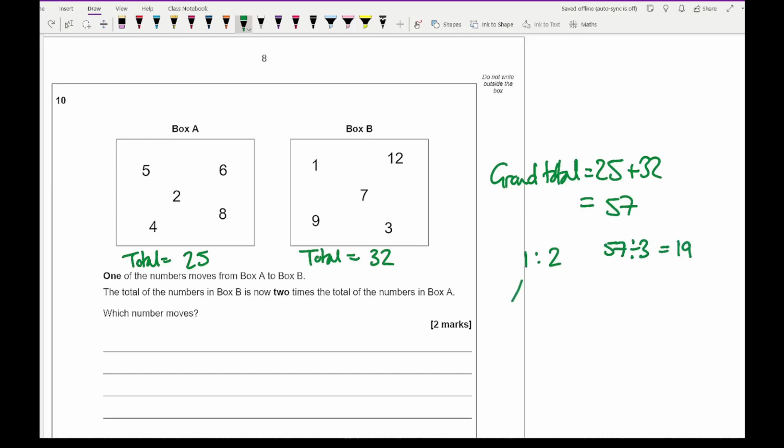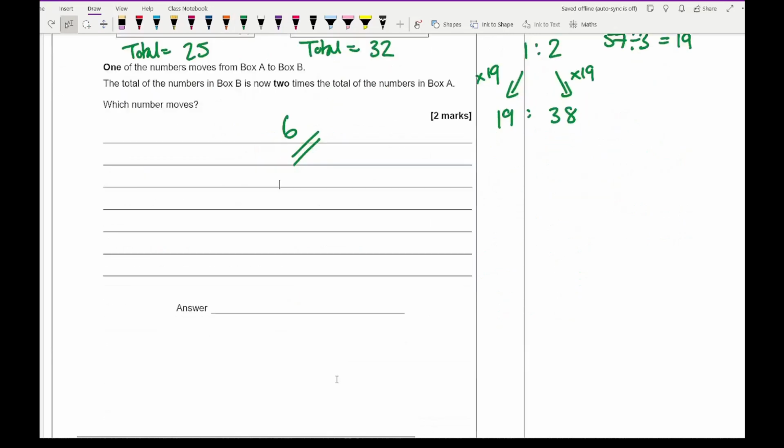Then 1 times 19 is 19, and 2 times 19 is 38. This is what I want the totals to be. So if I've got 25 and I want 19 in this box, then I need to get rid of the 6. So the 6 changes over, and there is my answer for that one.